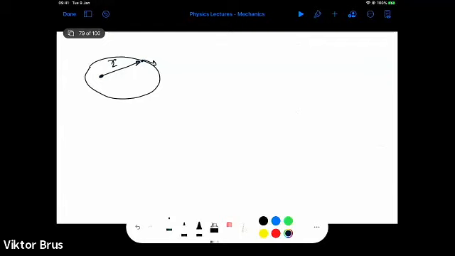Then in some time interval delta t, we have some change in the radius vector, which is dr, because our planet is moving. The area swept out by the radius vector r will be the area of this triangle, and this will be dA.